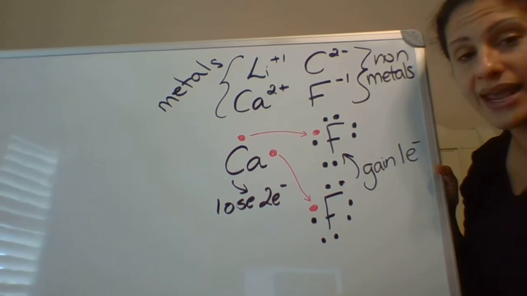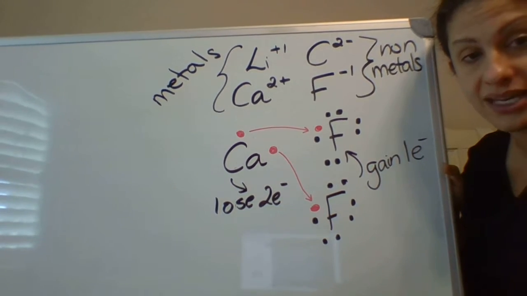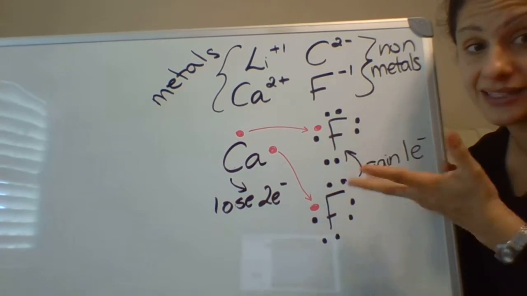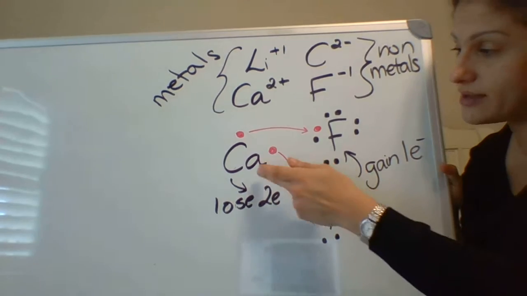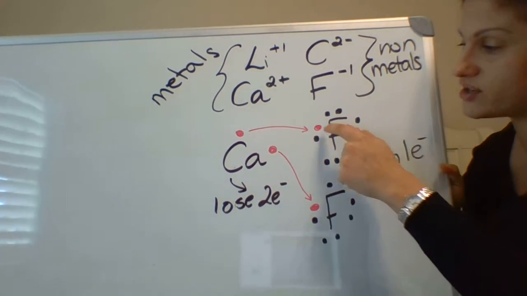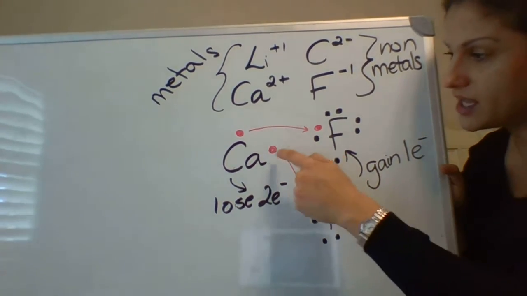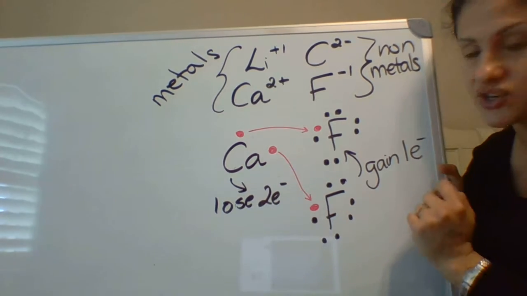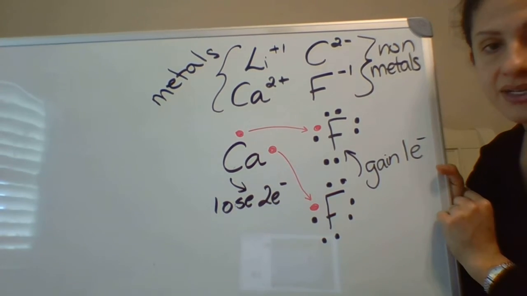That's the only way calcium can lose both of them. It needs atoms to give them to. So calcium will give one of its valence electrons to this fluorine atom, and take its other valence electron and give it to this fluorine atom.